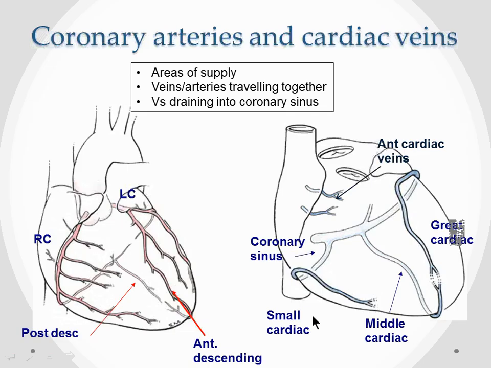So let's now look here at the coronary arteries. Here is a more clear picture of the right coronary and the left coronary, so you can label this for yourself. I'll show you the veins. Here you can see this is the anterior surface and what is shown in light color is the posterior surface.